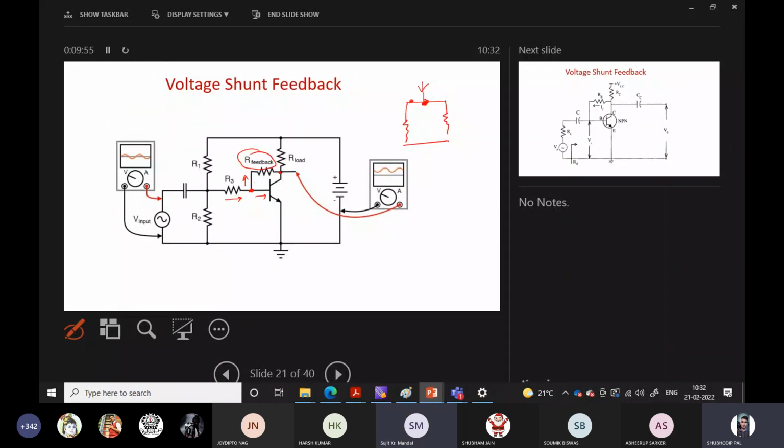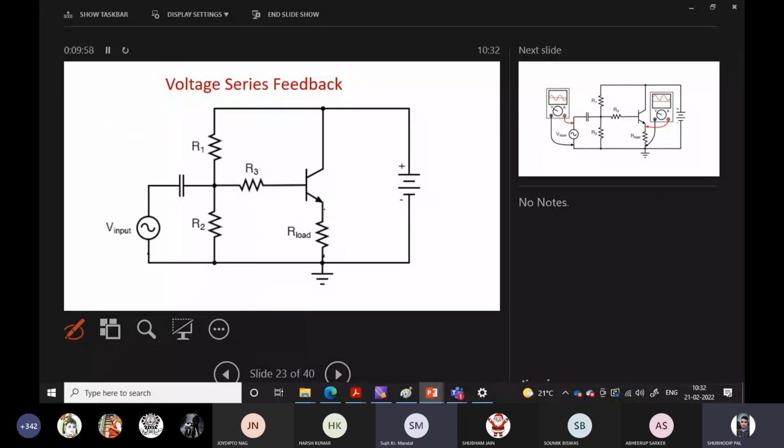Now in this circuit diagram, the emitter is grounded through a load resistance. Actually here, the load resistance is connected in the emitter, and when you apply AC, ground is nothing but a common point with respect to which we measure the voltage.